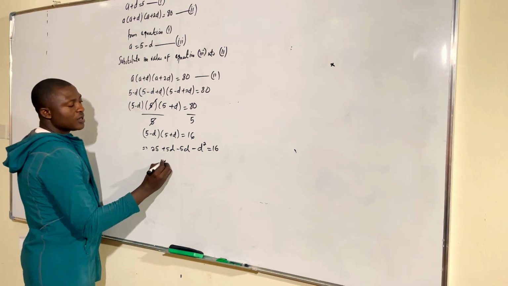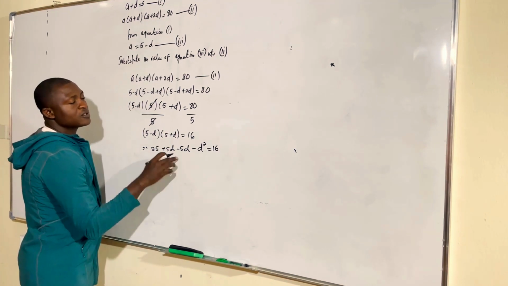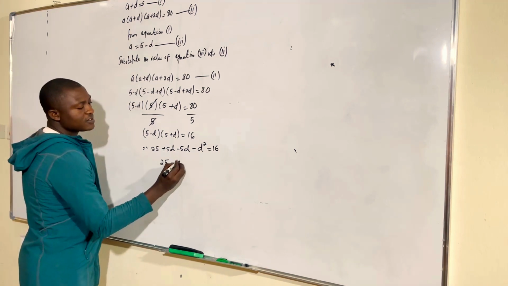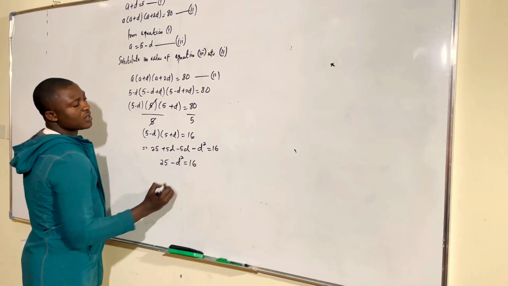Now here we are going to have 25, 5d minus 5d, that's going to be 0. What we have left is minus d square is equal to 16.